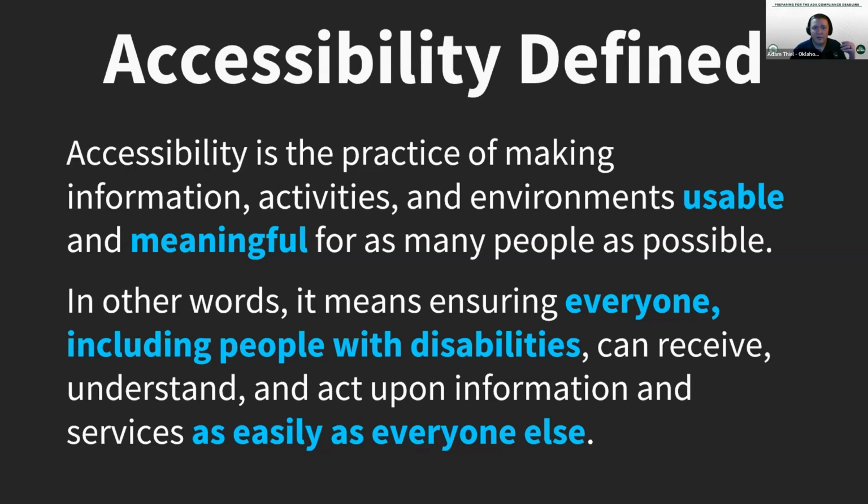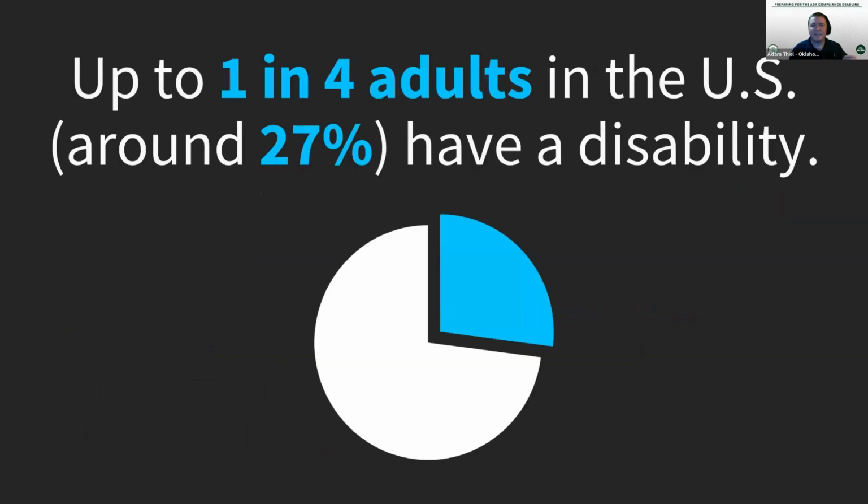So just to get everybody in the right headspace, this is a shocking statistic for a lot of people. A lot of times when you're talking about people with disabilities, a lot of people are like, oh, that's a really small portion of the population. Why do I have to worry about that?